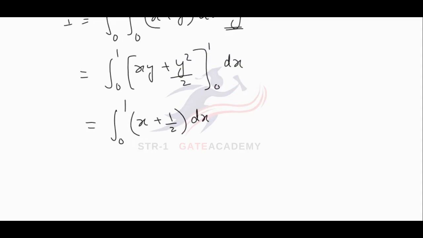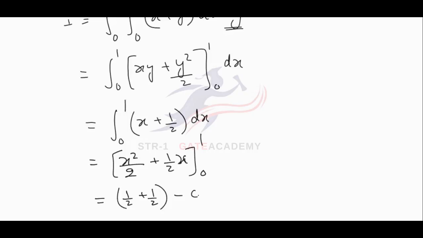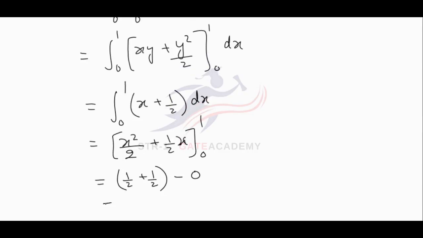Then further the integration will become x square by 2 plus x by 2 from 0 to 1. So this will become 1 by 2 plus 1 by 2 minus 0. That will come out to be 1. That's your answer.